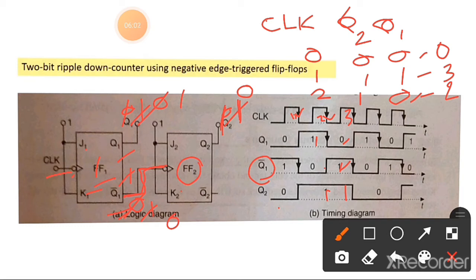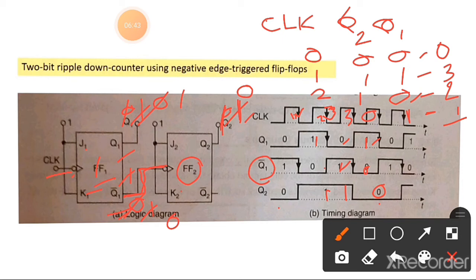After the third clock pulse, Q1 becomes 1, Q1 dash becomes 0 and Q2 becomes 0. That is, Q2 is 0 and Q1 is 1, representing 0 1. The state of the counter after the third clock pulse is 0 1.